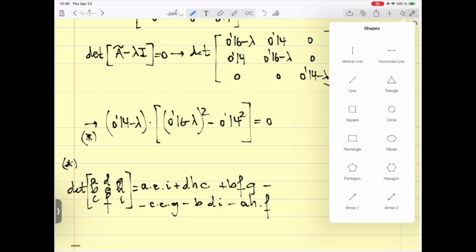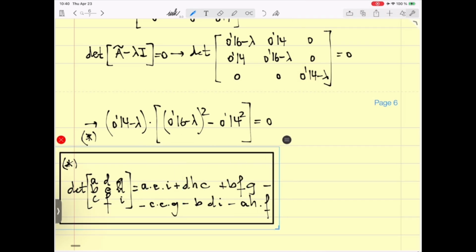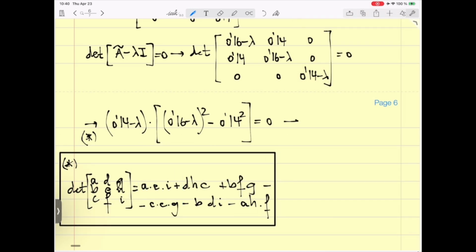Okay, so this is the determinant of a 3x3 matrix. You need to know this. So to solve this, one of the eigenvalues is direct, okay, from here. This is the second eigenvalue, and then the other two eigenvalues we get by solving lambda square minus 0.32 lambda plus 0.006 equals 0.